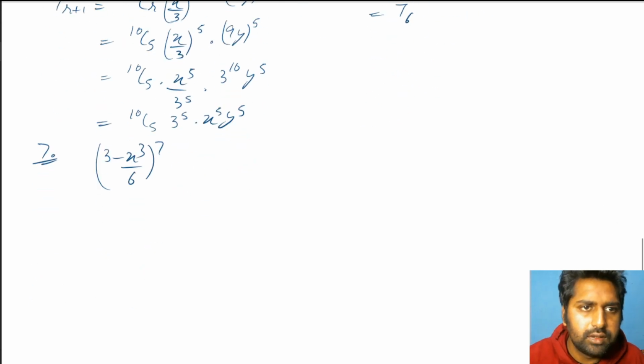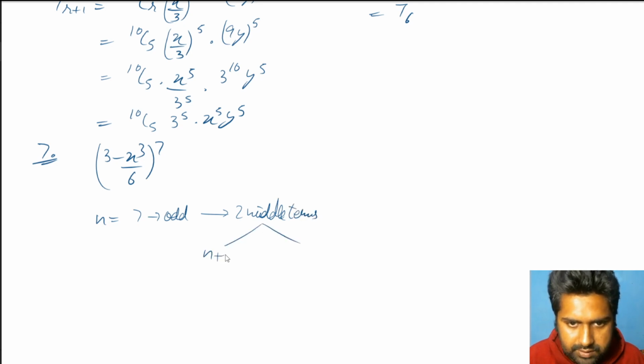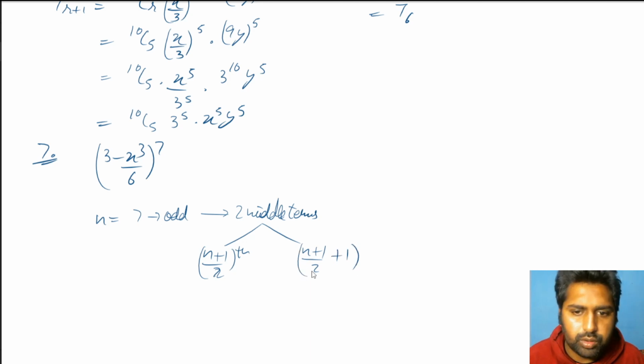So first thing, n is 7, that's odd, so for odd you will have two middle terms. One is the ((n+1)/2)th term, and then one more.